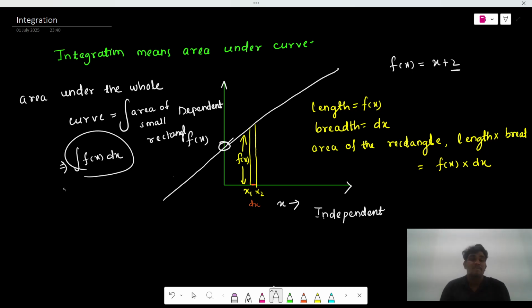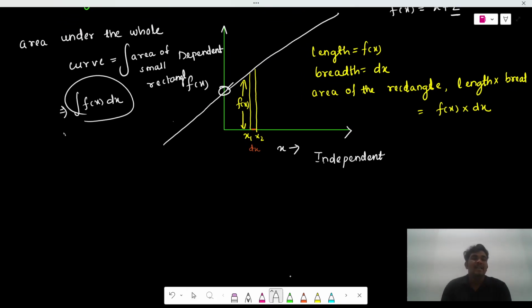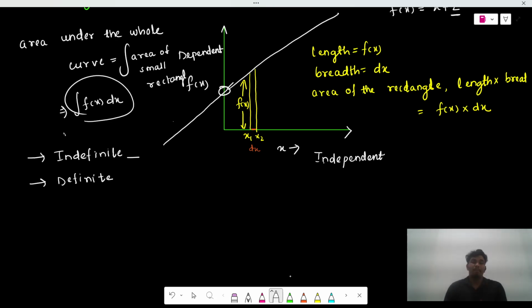There are some standard formulas. We don't have to memorize them; if we keep practicing, it will be easier. Now, integration is of two types. The first one is indefinite, the second one is definite. In indefinite integration, or indefinite integral, there is no boundary.